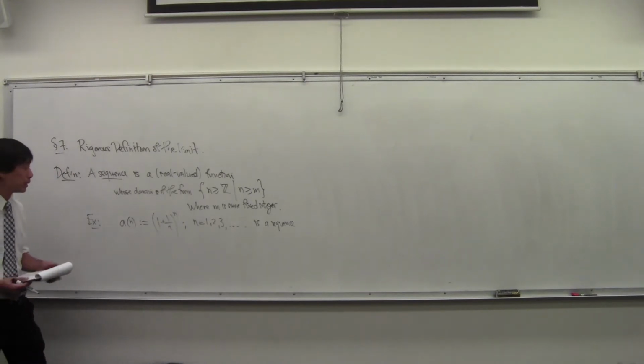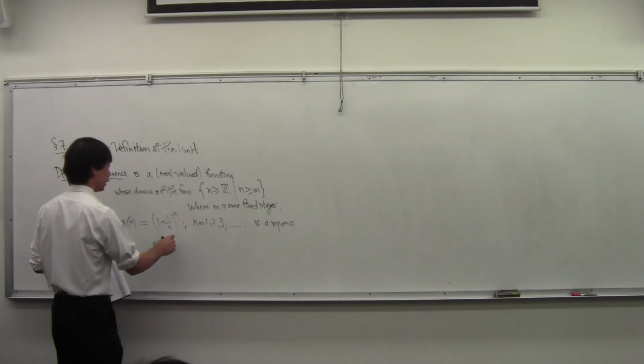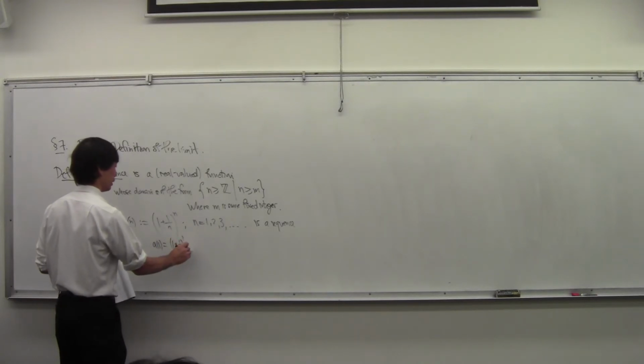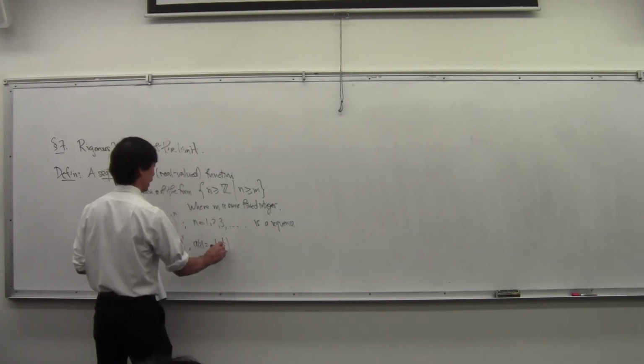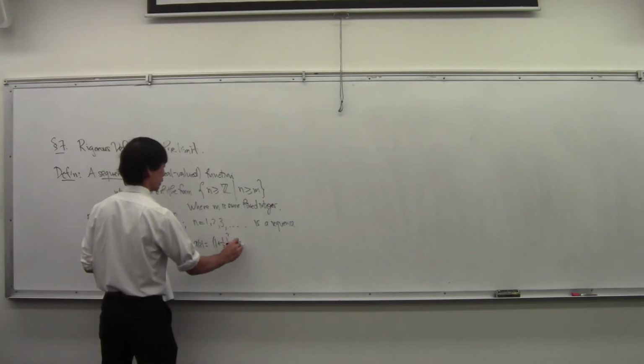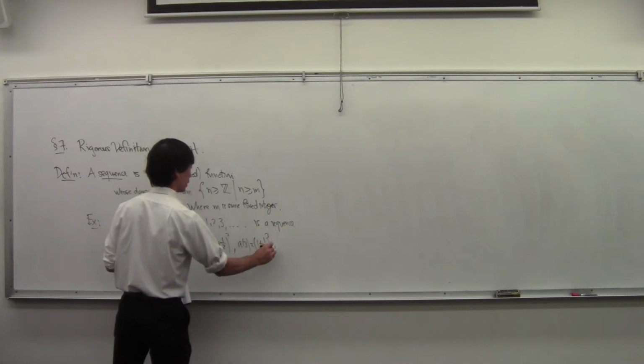Its first element is 1 plus 1 to the 1. Its second element is 1 plus 1/2 squared. Its third element is 1 plus a third cubed, etc., etc.